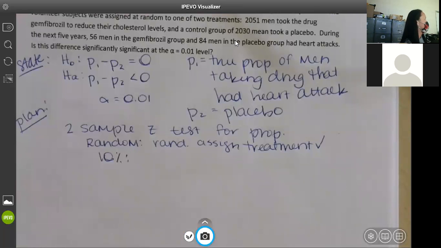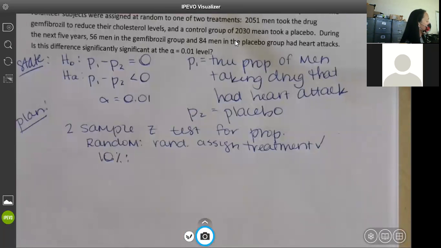What was the random to? The treatments. What's the 10% do with? It's about independence, but you said it deals with a sample, right? Did they take a sample? These are volunteers. They volunteered, right? So they are the population.